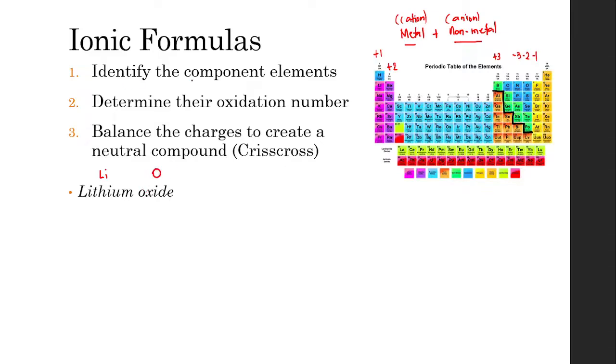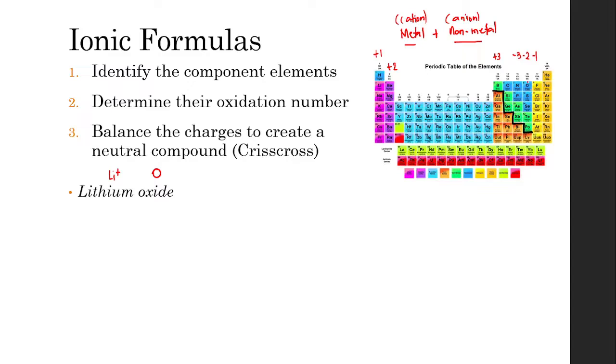So after identifying the component elements, identify the oxidation number. Lithium is found on column A, which means lithium is actually positive 1. So lithium is positively charged. You do not need to write 1, but if you just write lithium with a positive charge, it means that's 1 charge of lithium.